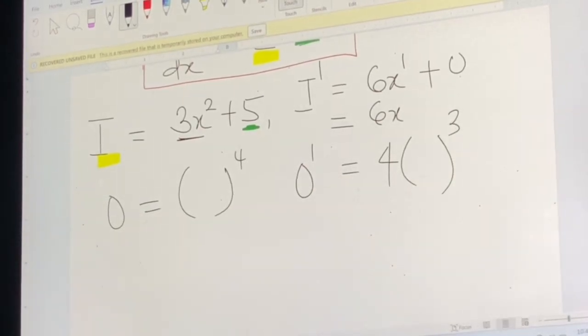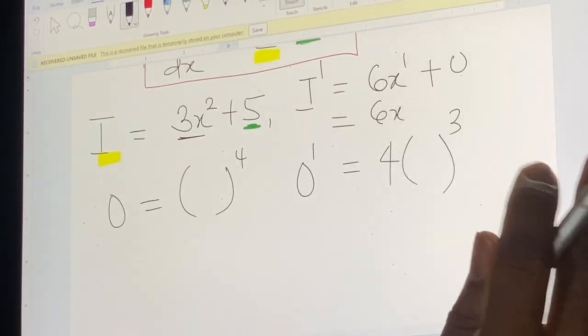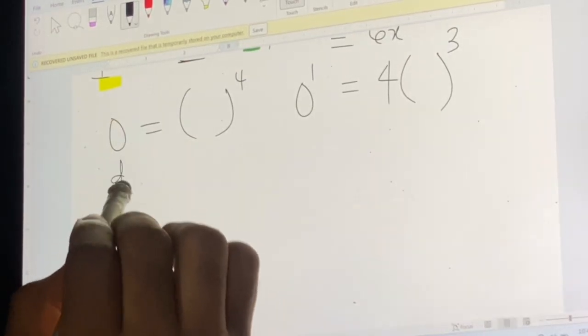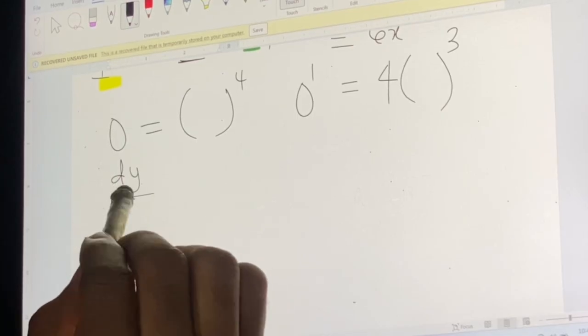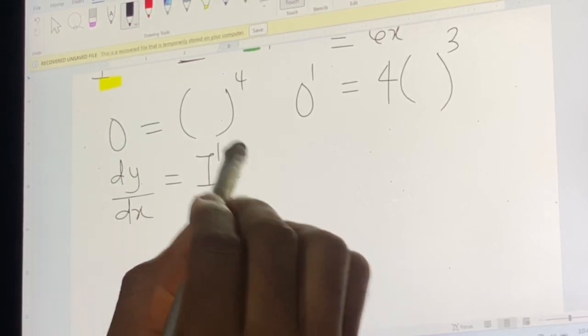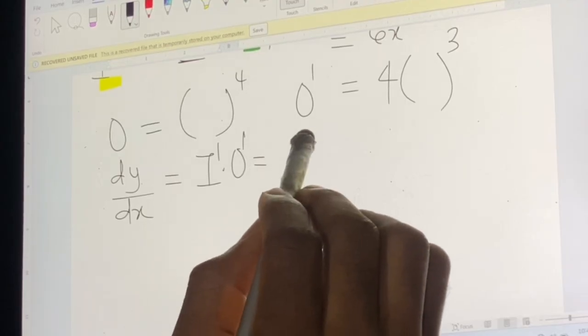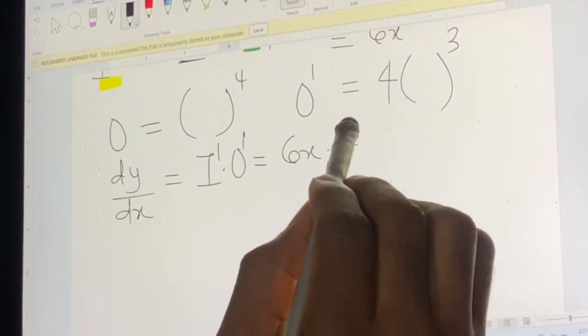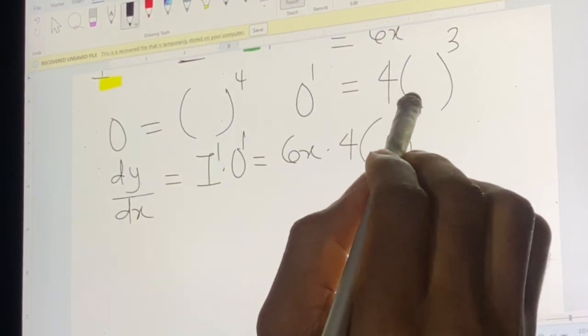Please take note. So our dy over ds, which is equal to the inner derivative times the outer derivative, will be the inner, 6s, times the outer, 4 bracket open and close raised to the power of 3.